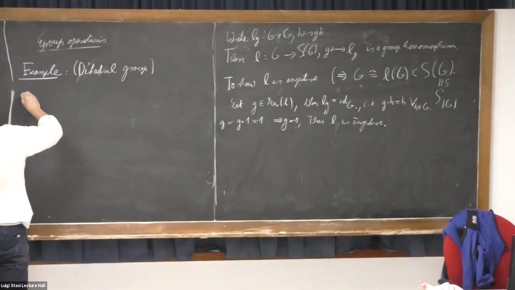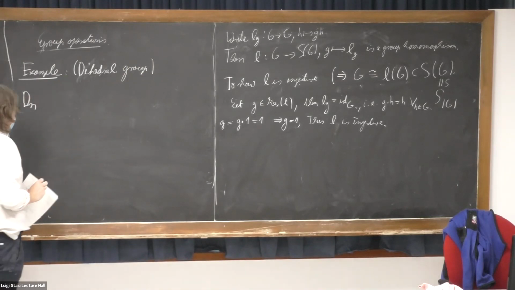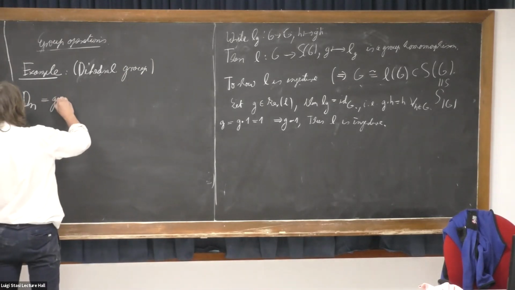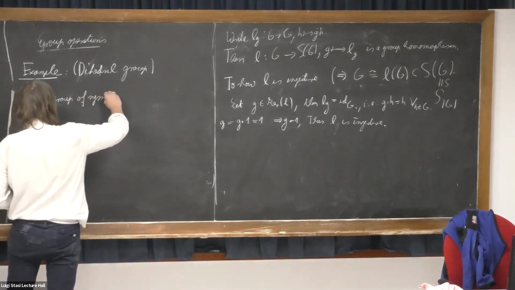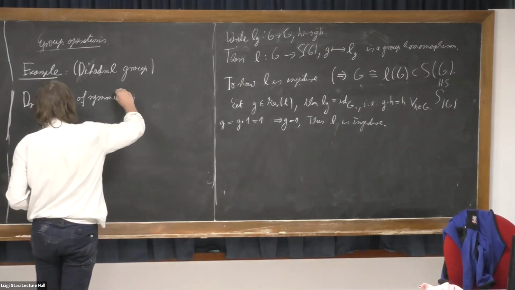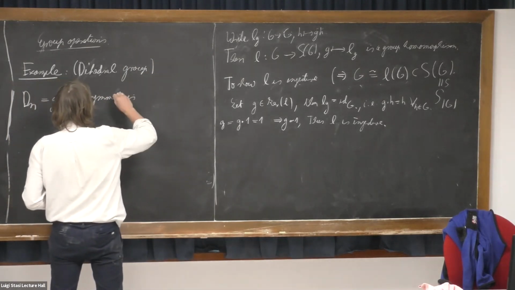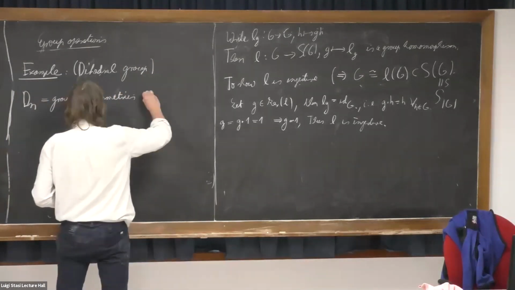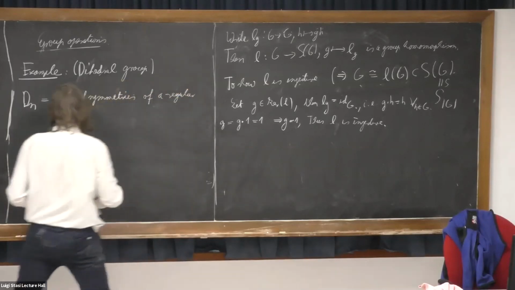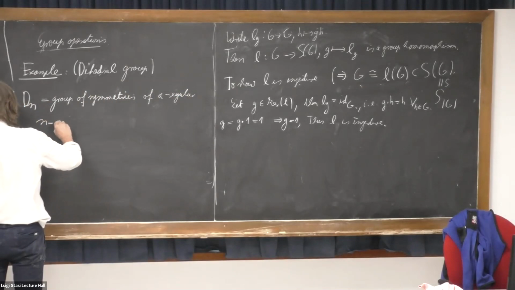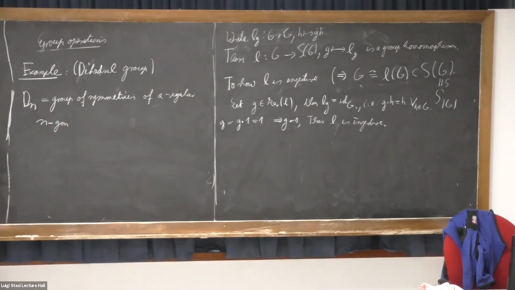So I first say informally, D_n is the group of symmetries of the regular n-gon by rotation and reflection.